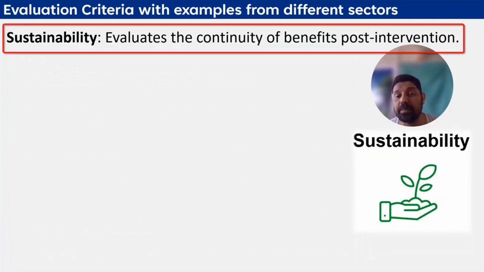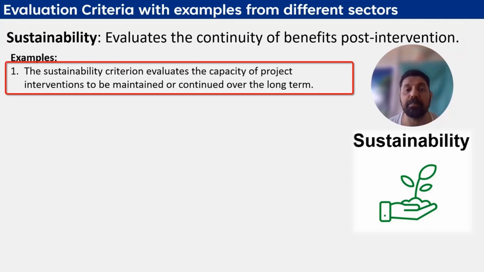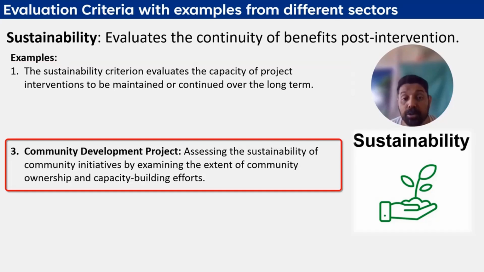Then we have sustainability, evaluating the continuity of the benefits post-intervention. Examples, the sustainability criteria evaluates the capacity of project interventions to be maintained or continued over the long term. Community development project, assessing the sustainability of community initiatives by examining the extent of community ownership and capacity building efforts.